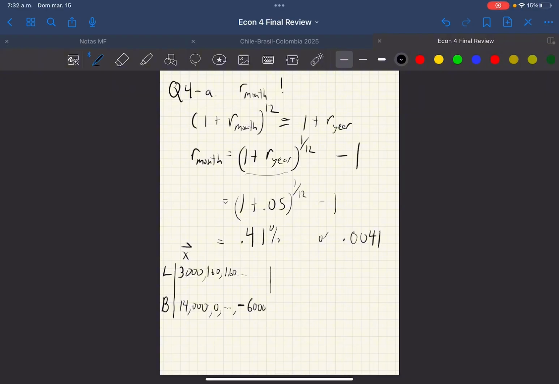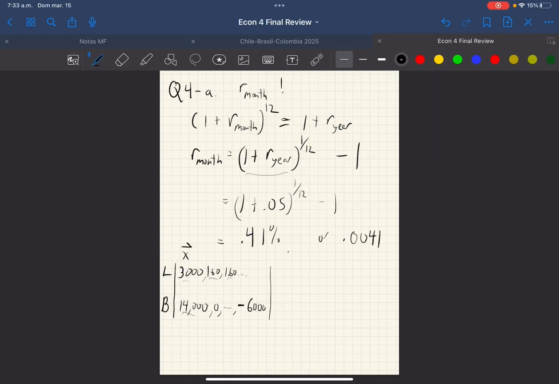So you could do this different ways. You could write all of these as negatives because they're payments, they're costs, and then this 6,000 would be positive. Alternatively, you could do what I'm doing here, which is basically just write these as positives, and then the 6,000 is negative, and then whichever has the lower net present value is actually the best option if you do this. If this is confusing, then I would recommend just, if you see a cost, write it as negative, and if you see a payment, write it as positive.